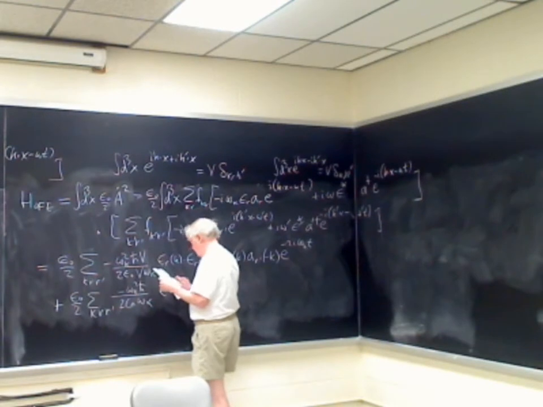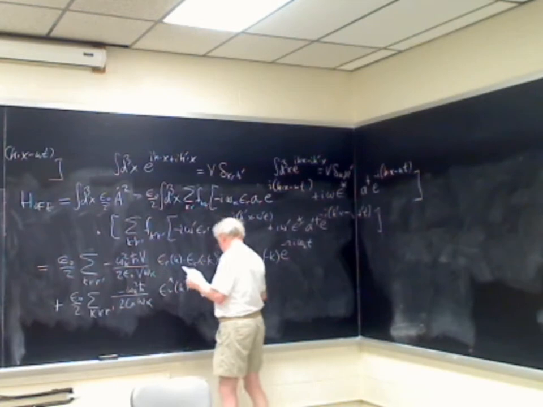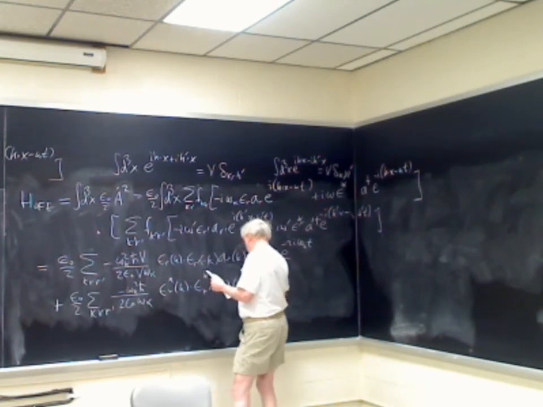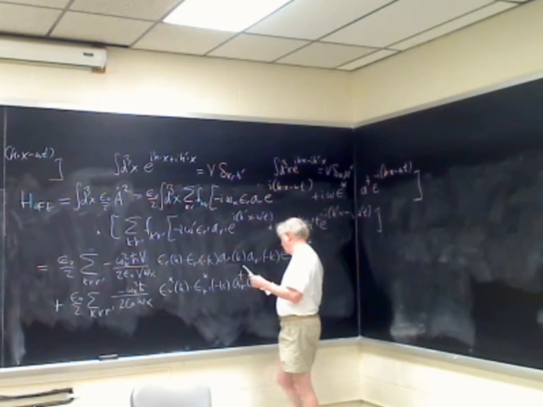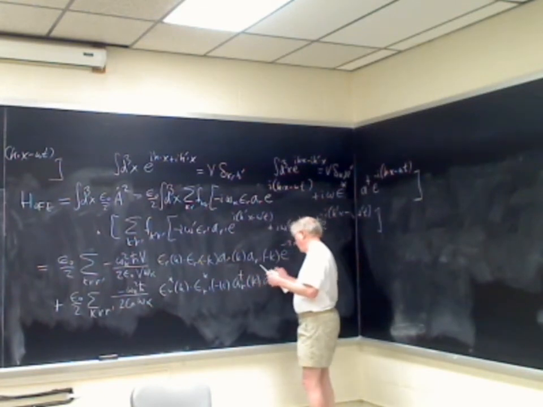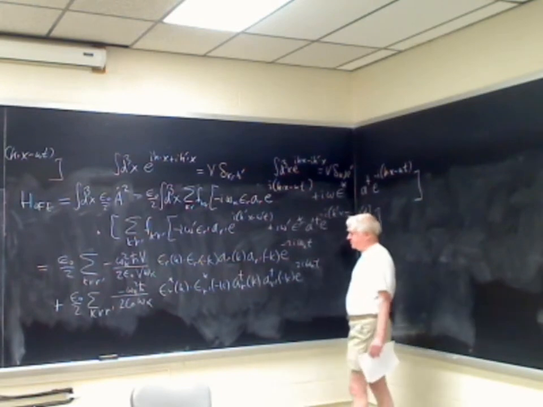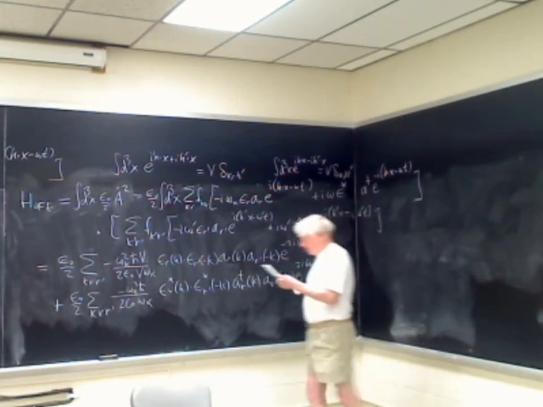And this is ε_r*(k) dot ε_r'*(−k), the creation operator a_r†(k), a_r'† creation operator of minus k, e^{2iω_k t}. All right, so these are terms that we want to get rid of.